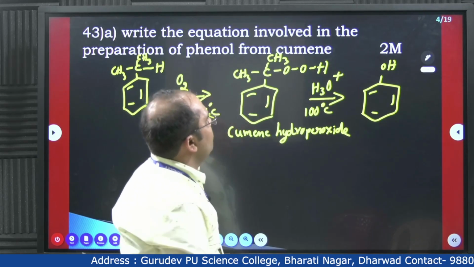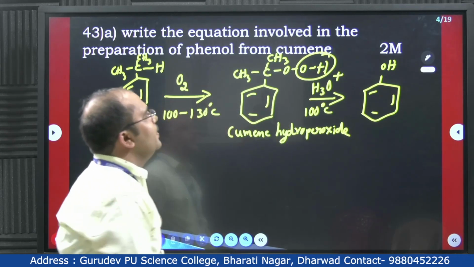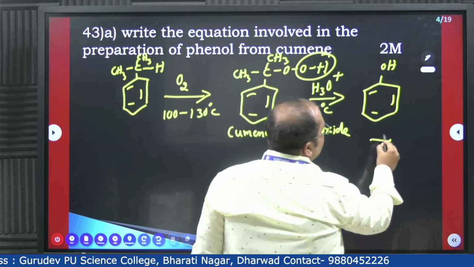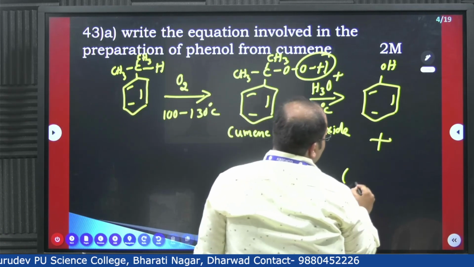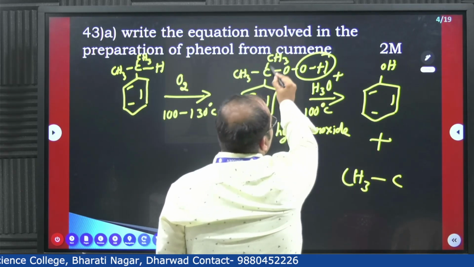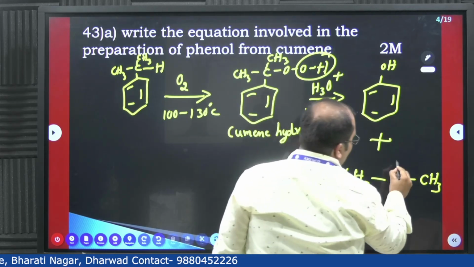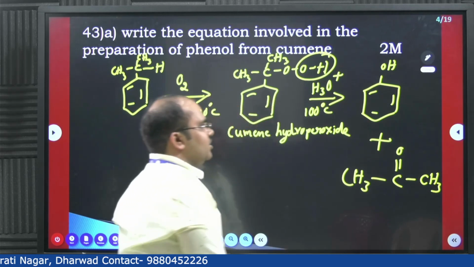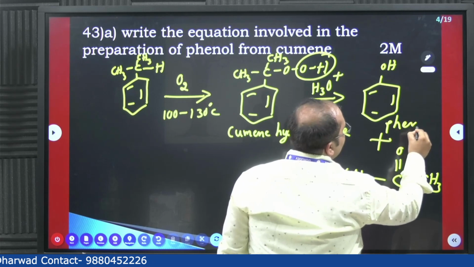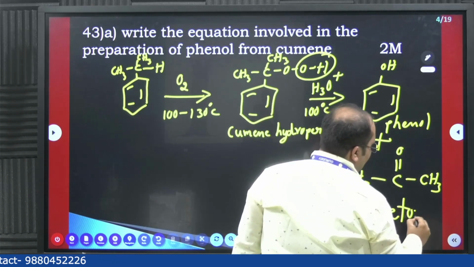We have used this part here by the addition of the OH group. My dear all, the remaining part is CH3, another oxygen carbon and another CH3 remaining, and one part of oxygen is here. The product formed is phenol and the byproduct remaining is acetone.